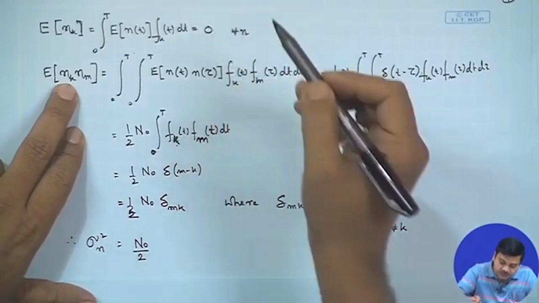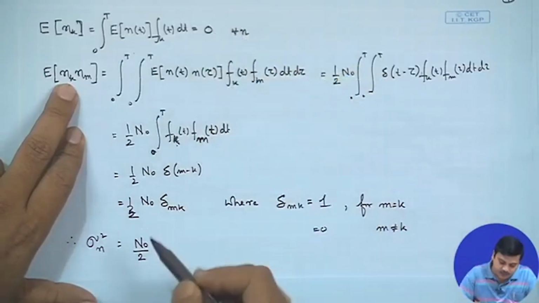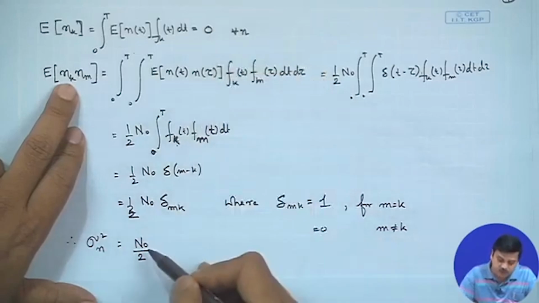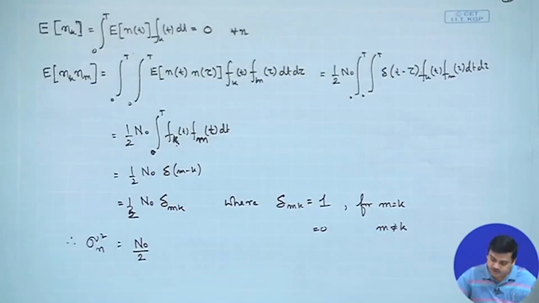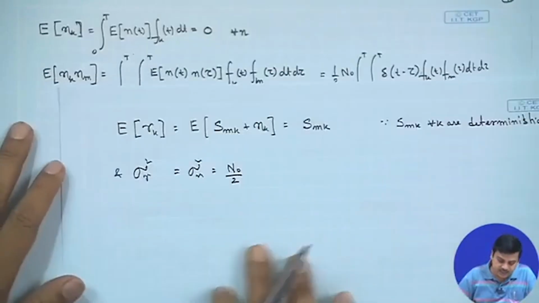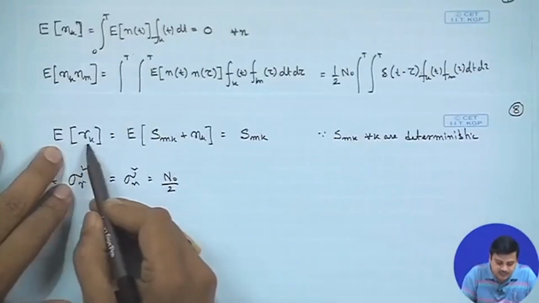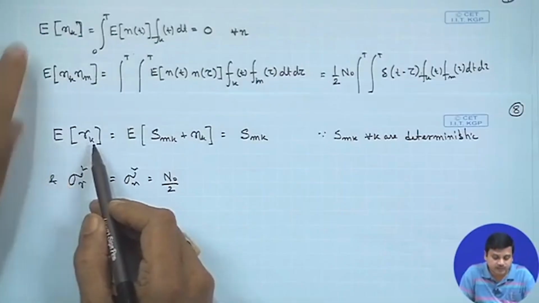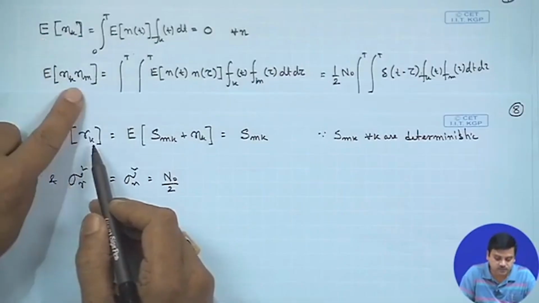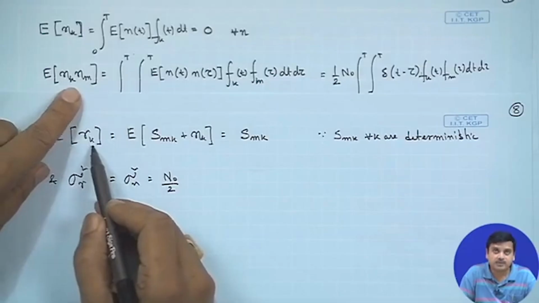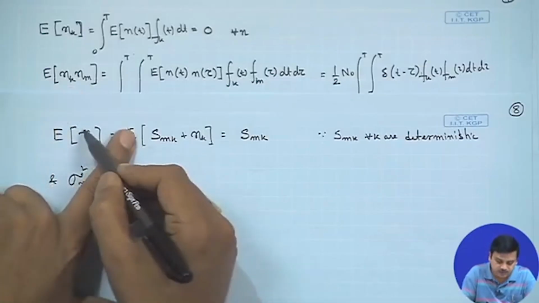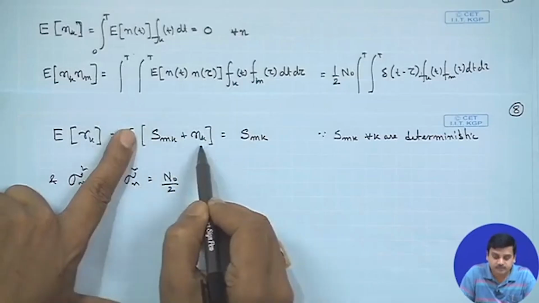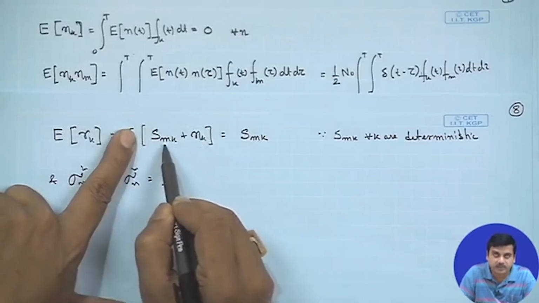So again we have Gaussian noise with mean 0 and variance N naught by 2. Therefore, we can proceed: we did the expectation of n k, we did the correlation of n k and n m, and now we move to find the expected value of R k. The expected value of R k is the expectation of R k expanded here, the kth component of the mth signal.